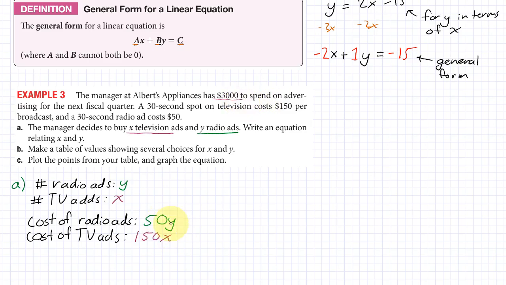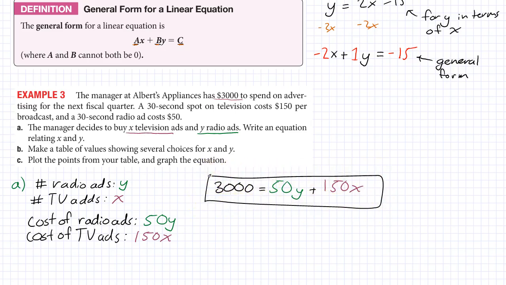So we want this total cost to add up to $3,000. There's two ways we can write it: as the sum of these two things, or as $3,000. That gives you your equation: 3,000 equals 50y plus 150 times x. And that is the answer.